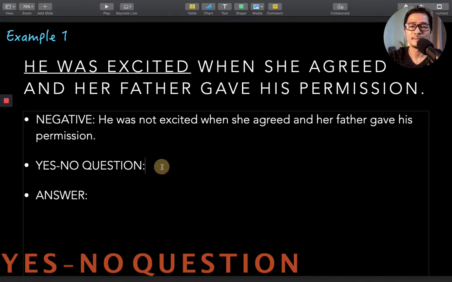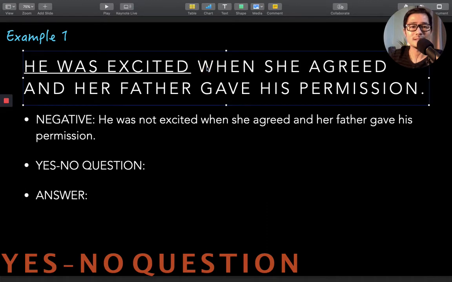Okay? Now, what about our yes-no question? So, again, do not touch the other parts of the sentence. Just manipulate the main part of the sentence.